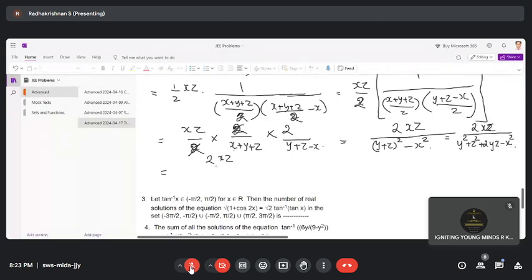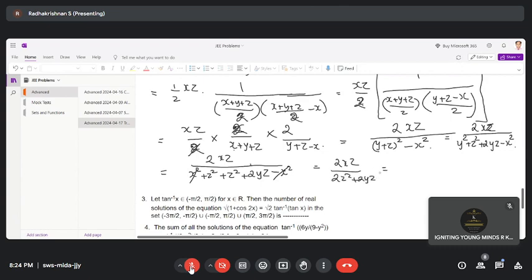So you get 2XZ divided by Y square, where I am substituting X square plus Z square. What you get is 2XZ divided by 2Z square plus 2YZ.